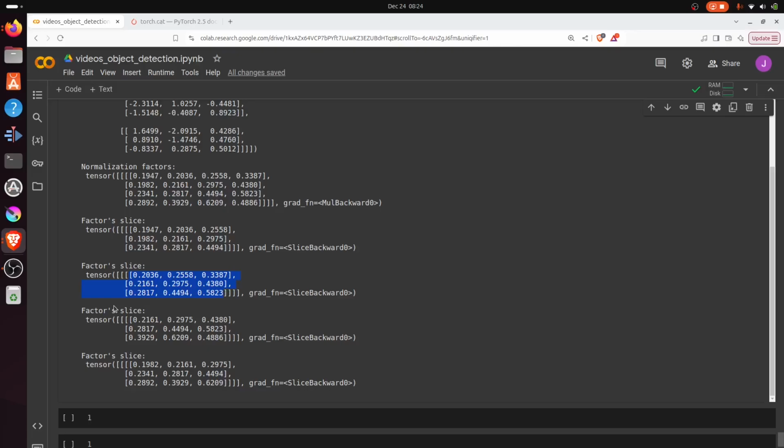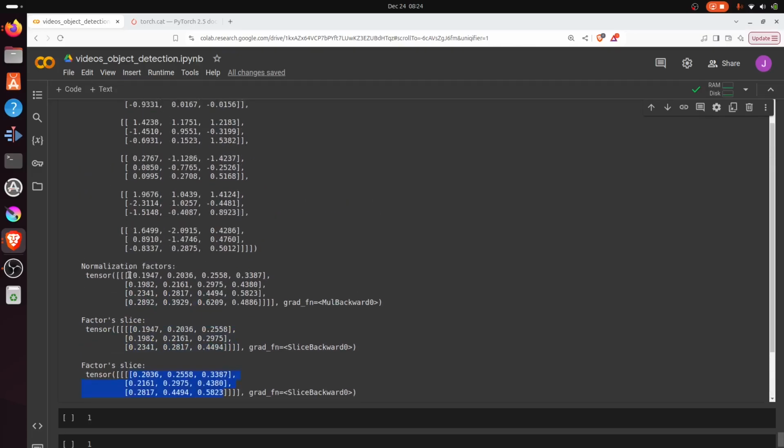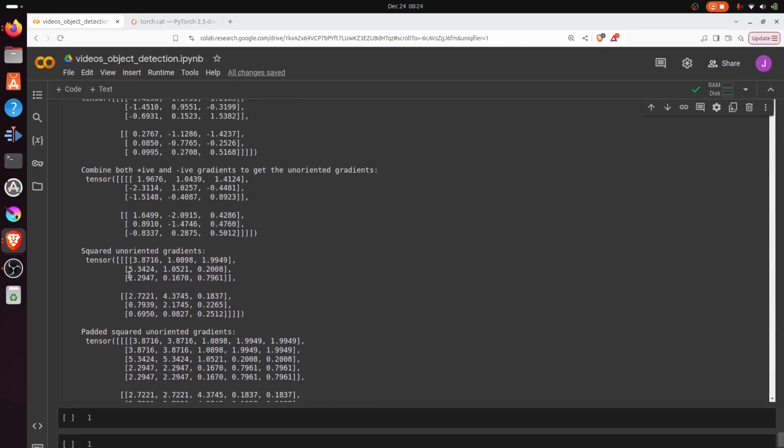So essentially it's like taking the average of the magnitude of the gradients, both unoriented and oriented, both treated on the same ground, as if they were equal. So we're going to add them together and take the average.